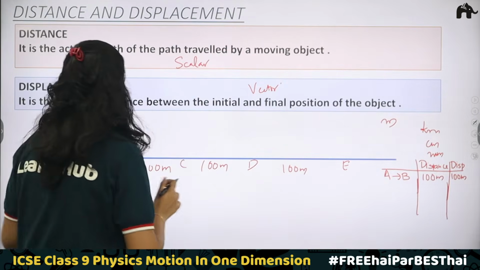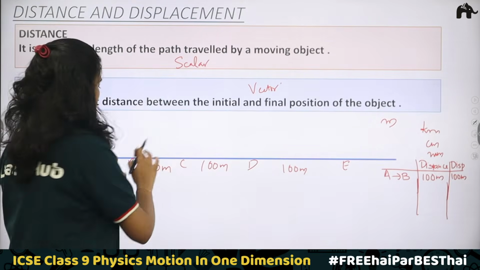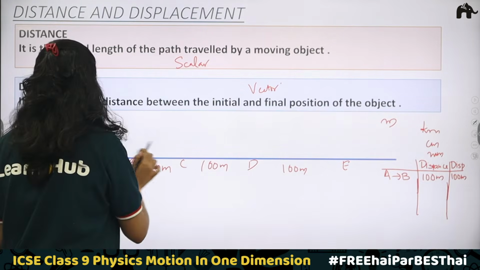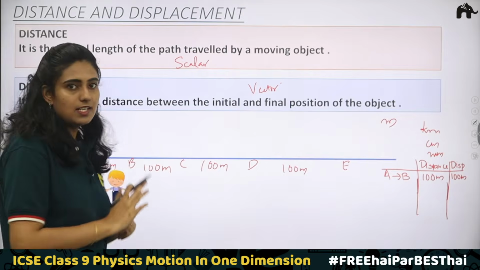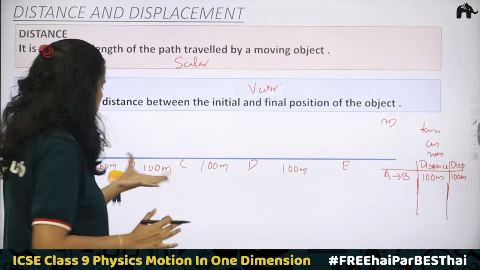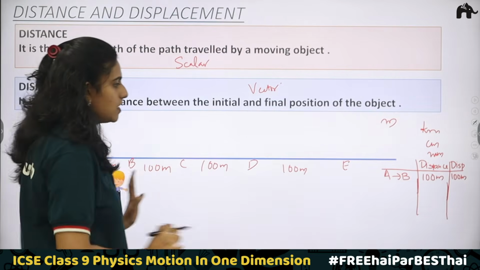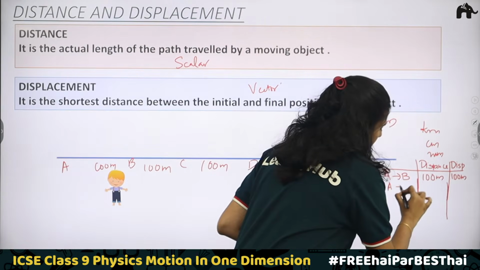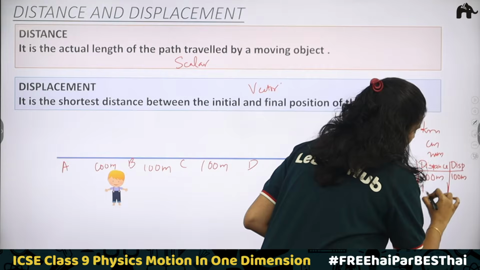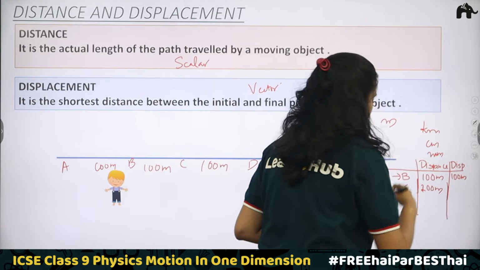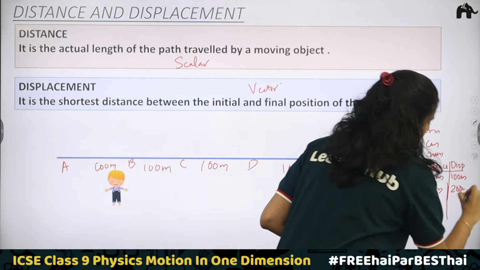Now from B to C. From A to C, the total distance he travelled will be 200 meter, and the shortest distance will also be 200 meter. So from A to C, the distance will be 200 meter and the displacement will also be 200 meters.